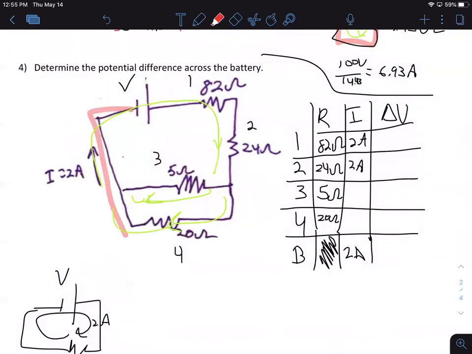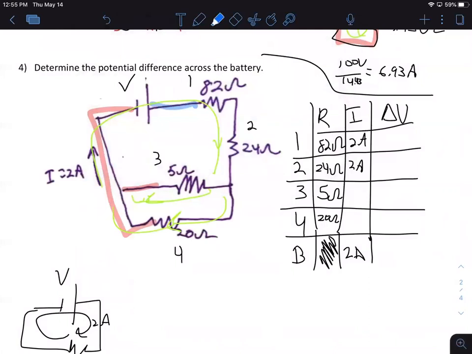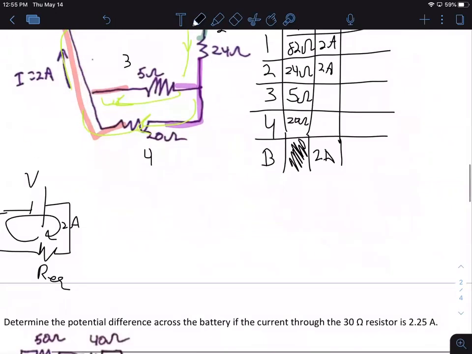Might as well throw some colors on here to help us get that done. So these two are in parallel, same delta V. These two are in series, same current. So I'm going to sort of do both those at once.